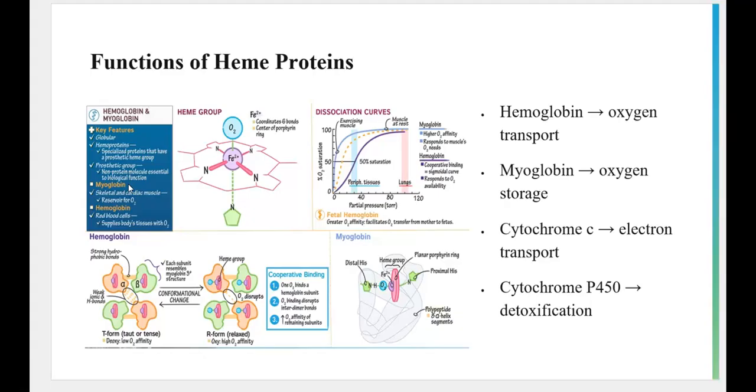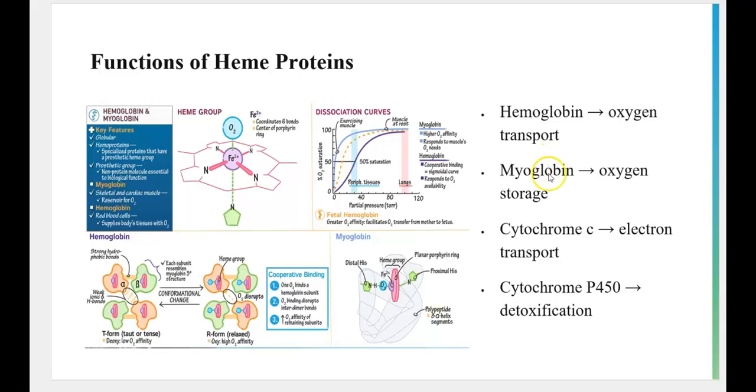Heme proteins perform essential functions for cellular respiration, metabolism, oxidation, and detoxification. The hemoglobin function is for oxygen transportation, in the red blood cell.